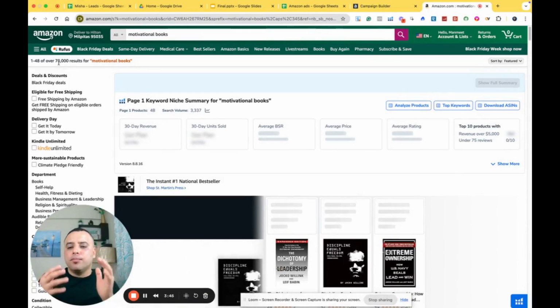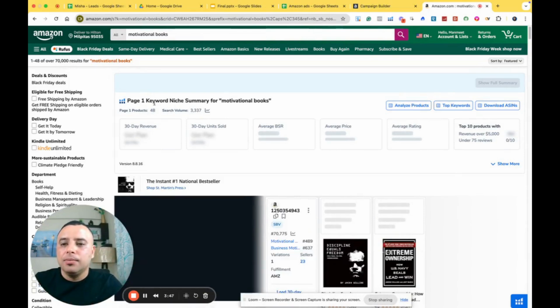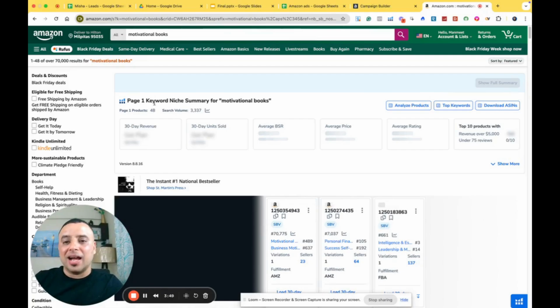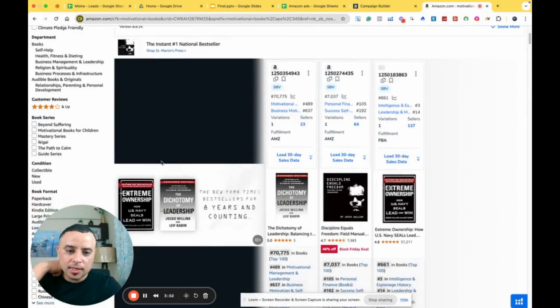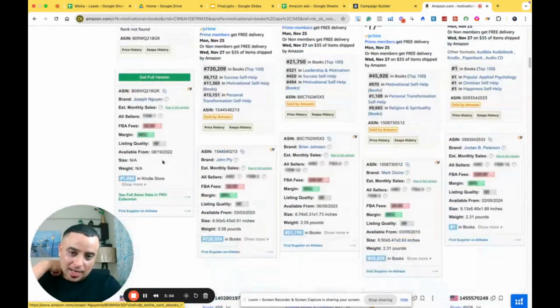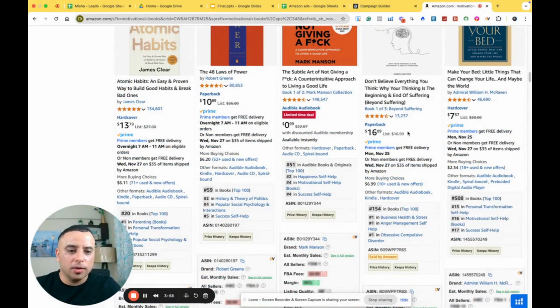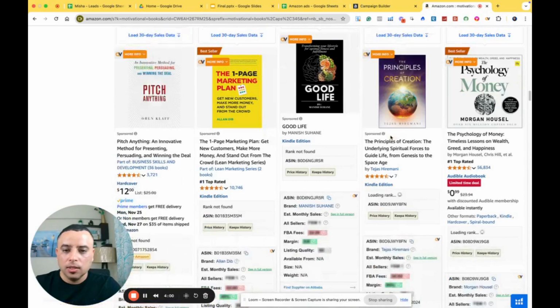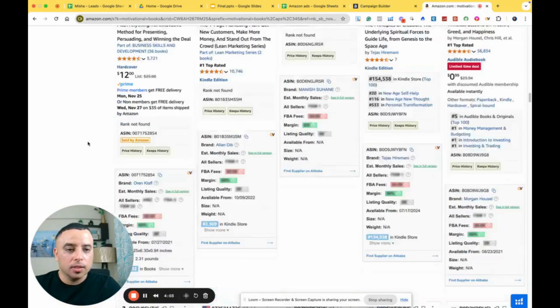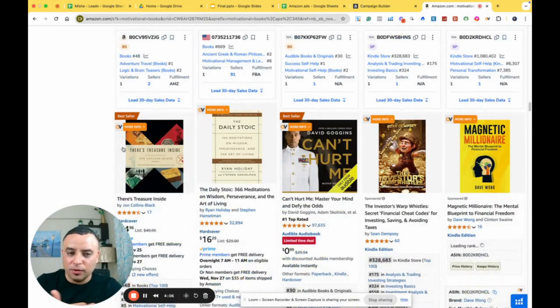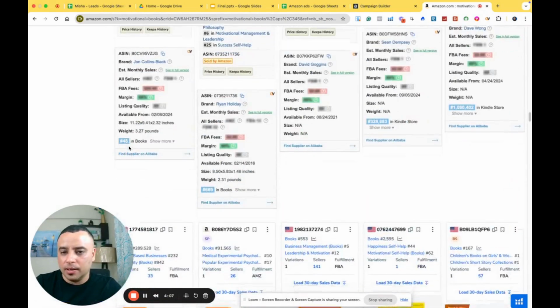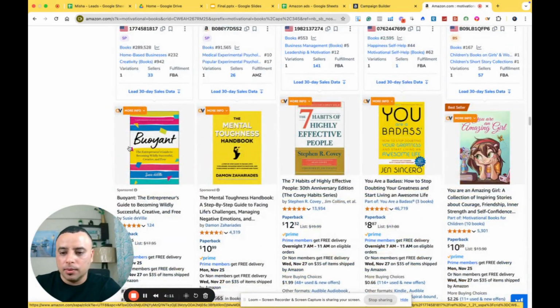Now, if I have a book in this niche, I'd be foolish to tell myself that I will make money until and unless I am one of these. Look, check out the reviews here. If I am one of those books, I will make not a lot of money, but decent money, if my sale is dependent just on Amazon and I don't have a brand outside of Amazon.